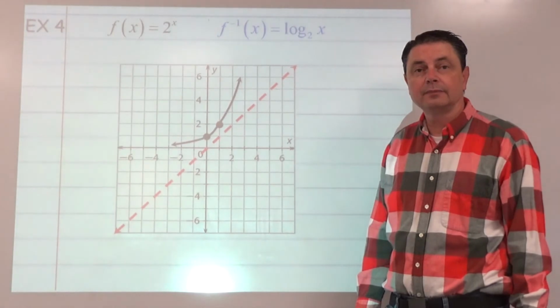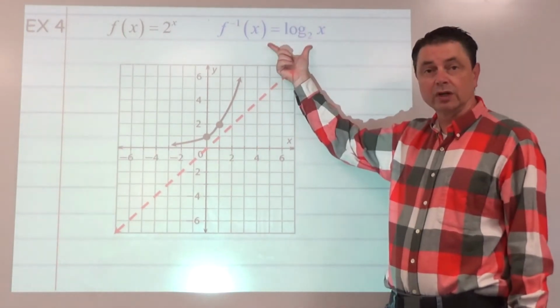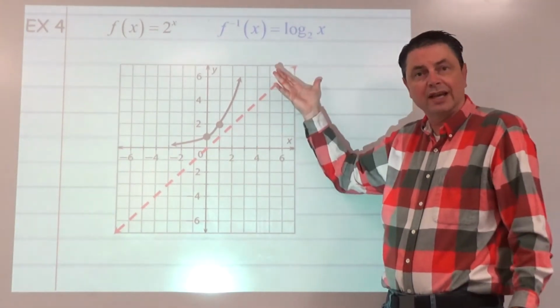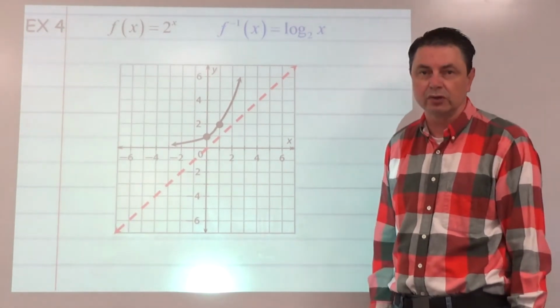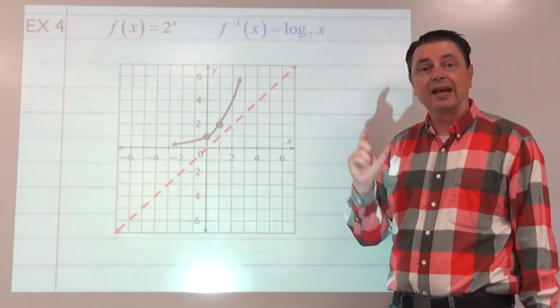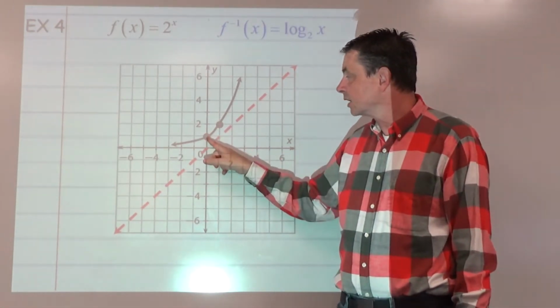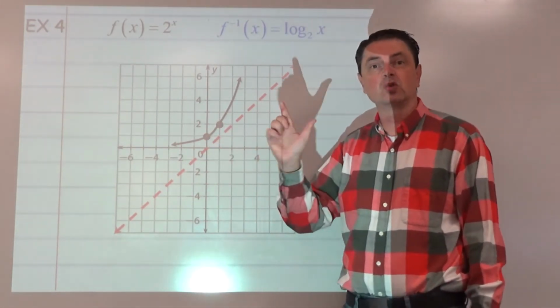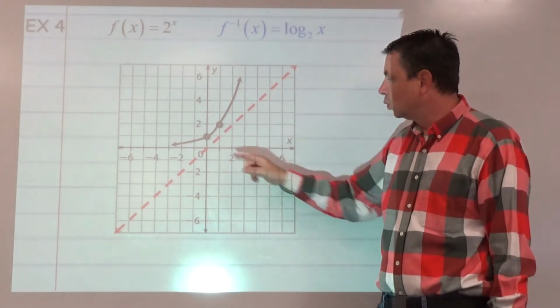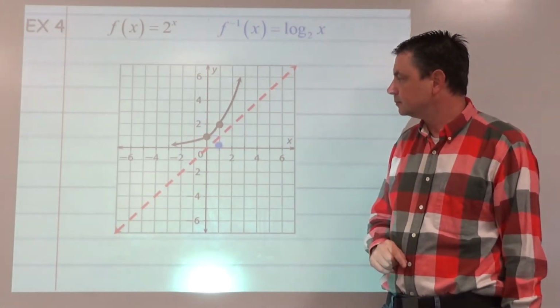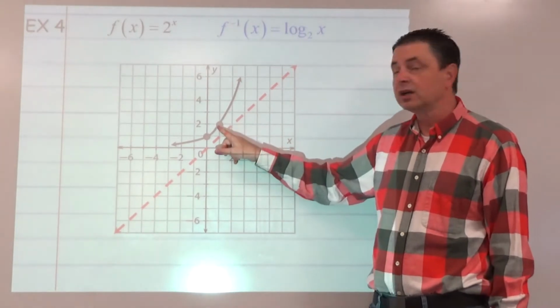It ends up like that. And this is the inverse function. I don't quite know how to approach that yet, but we do know about inverse functions, such as the process of switch the x and the y, and that works for points. So this was 0, 1. Let's switch that around. That means 1, 0. And this was 1, 2.